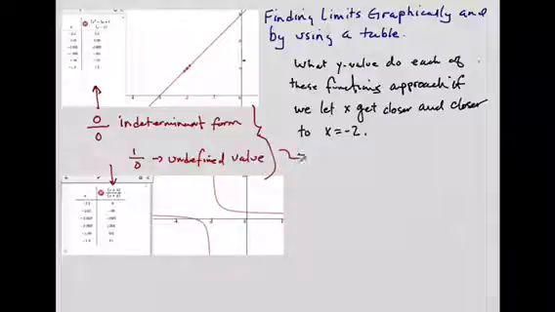Why are these limits so different? So while we have indeterminate form on the top function and an undefined value on the bottom function, the top function, when x is negative 2, seems to be getting closer to the y value of 1.